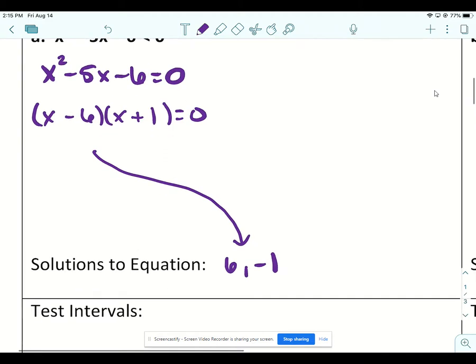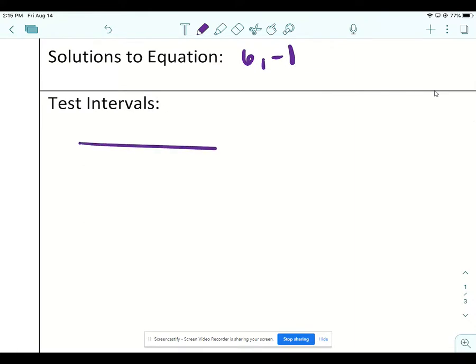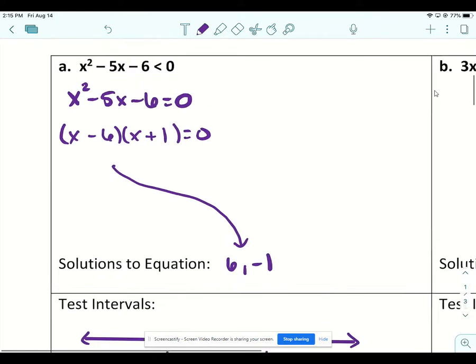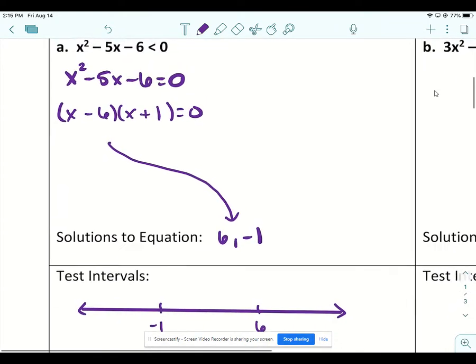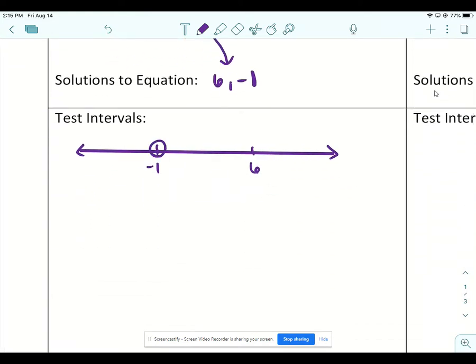The second step is to label each solution on the number line. So we're going to draw a number line. Doesn't have to be perfectly spaced. So what I'm going to do is just the smaller number, -1, I'm going to put about here. The larger number, 6, I'm going to put here. Now, because this one is greater than, it doesn't have an or equal to, I'm going to mark these with an open circle.